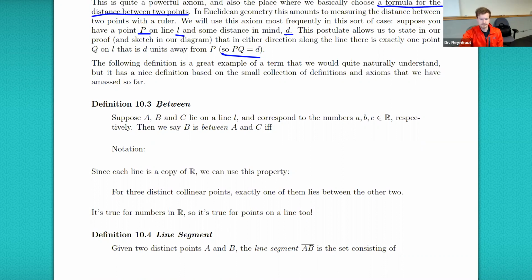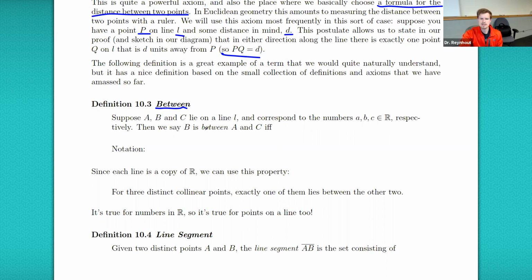So, all right, between. We all know what between means, but we can be quite formal about this now with the definitions that we have on hand. So suppose A, B, and C lie on a line L and correspond to the real numbers a, b, and c.